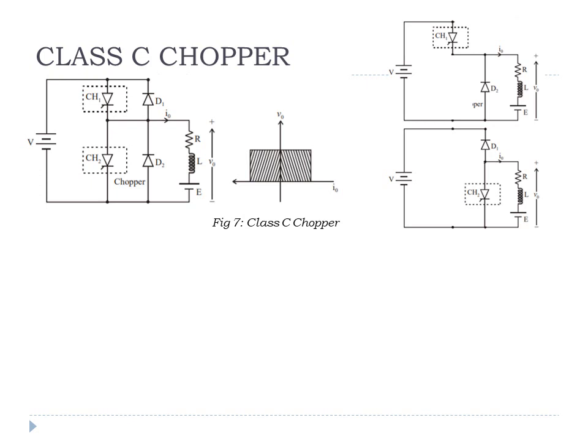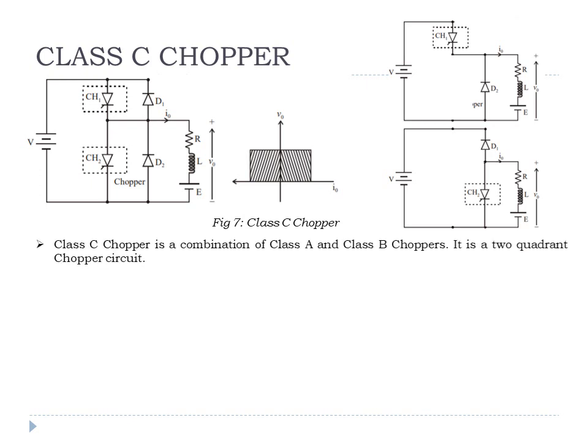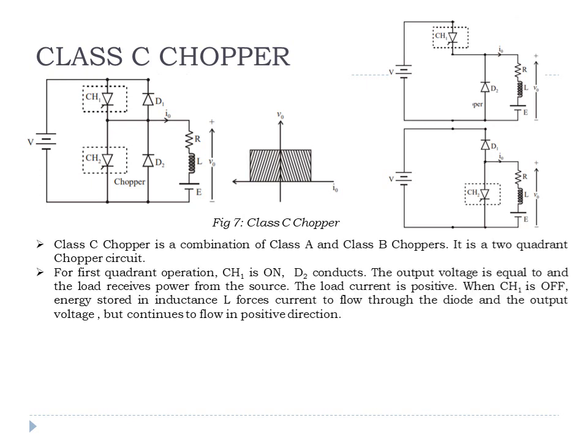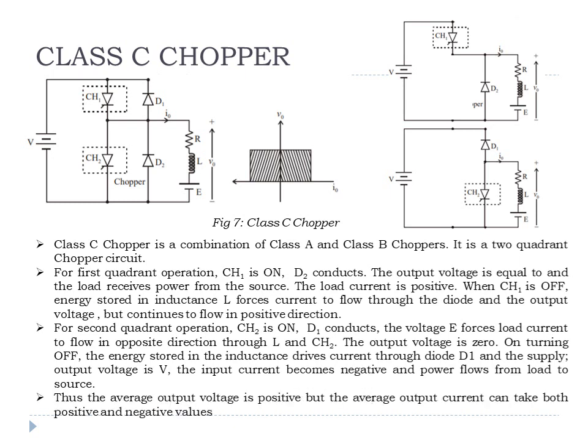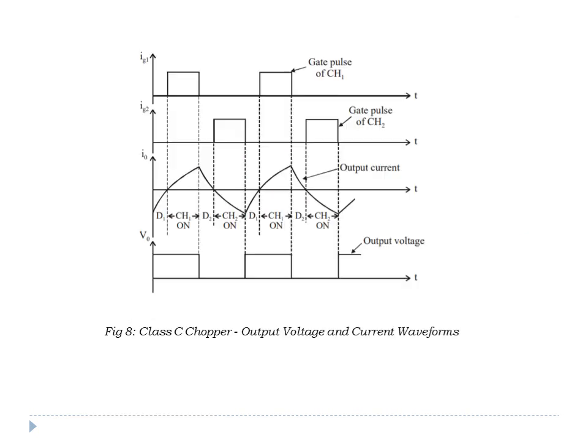So the combination of class A and class B becomes the class C chopper operation. So this is the waveform.